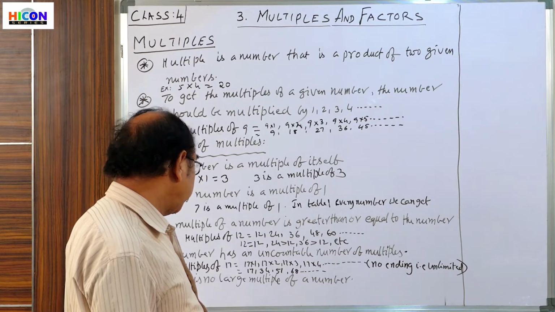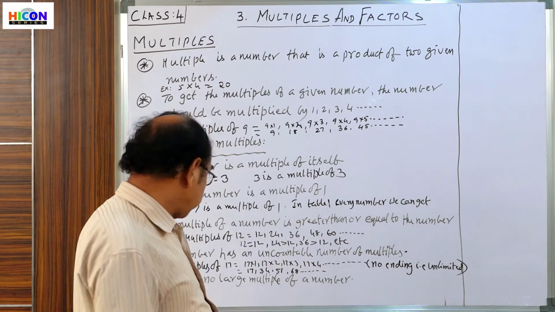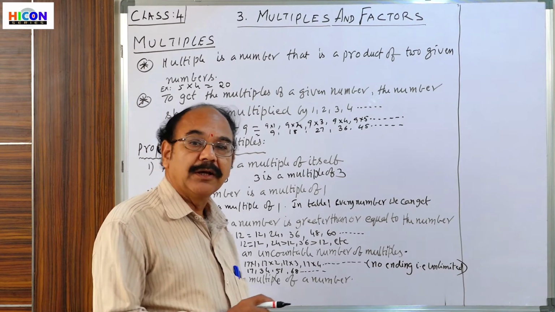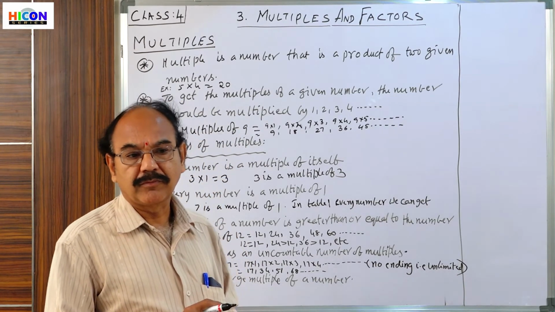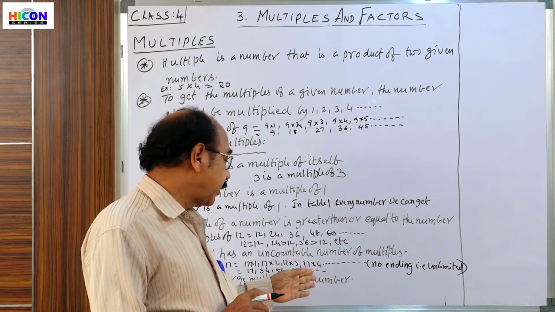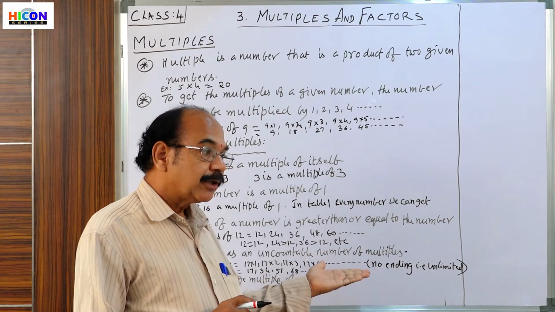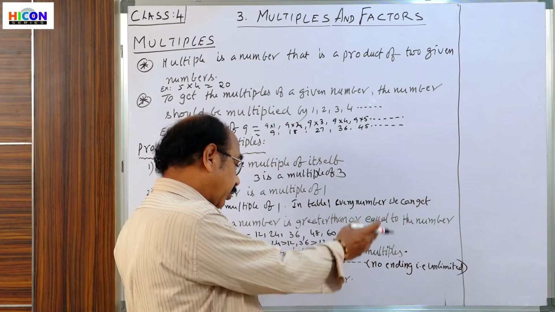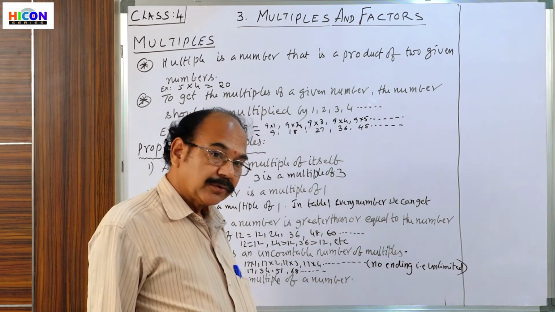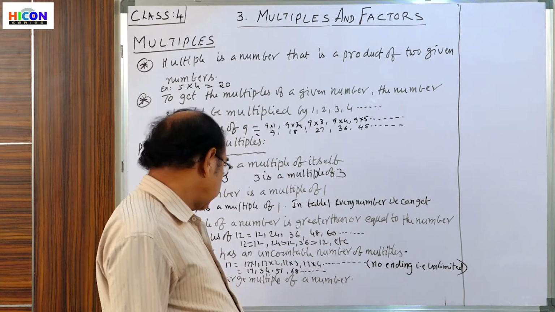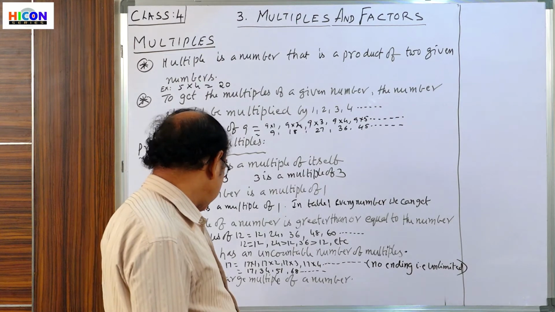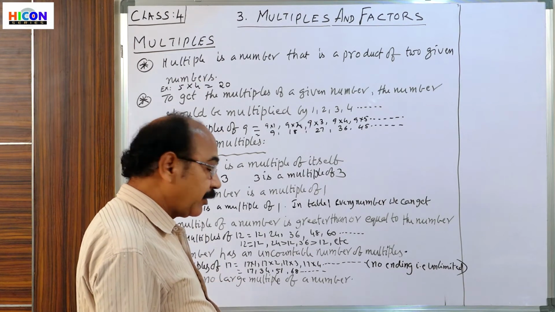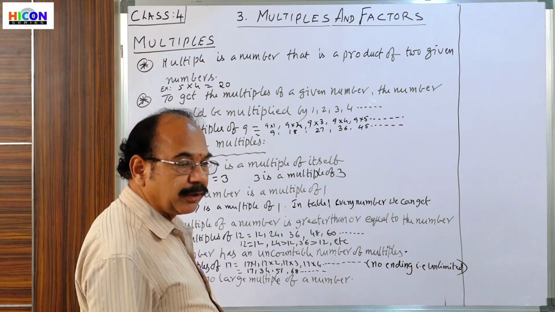That's why there is no largest multiple of a number. Why? Because in writing the multiples there is no ending. Like that we are getting so many numbers. How can we say the largest number? That's why there is no largest multiple of a number.